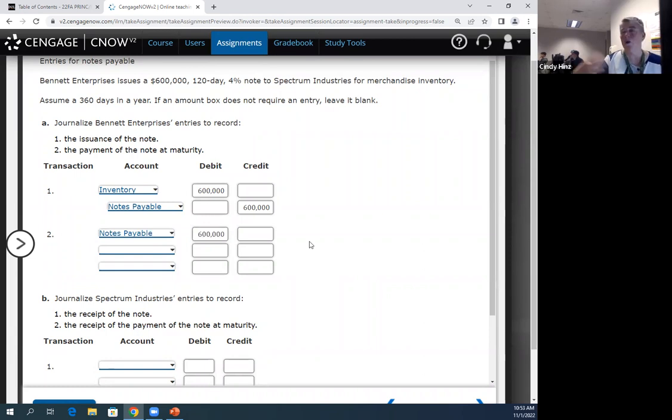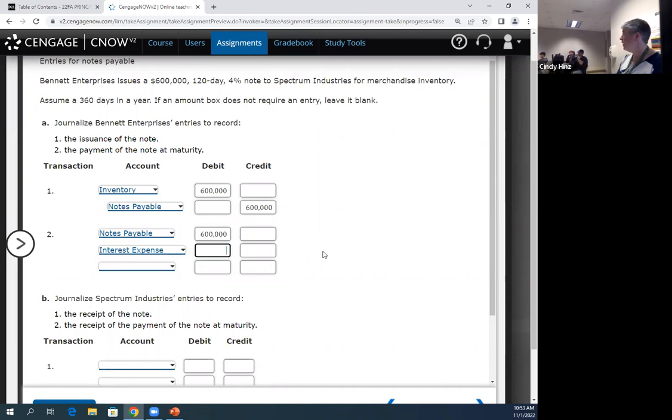By the way, what we have there, transaction number 1 is what's referred to as a balance sheet transaction. Buying that inventory didn't affect our income statement. Issuing the note payable doesn't affect our income statement. Only at this point, when we pay that note, will it affect the income statement because we need to record some interest expense.